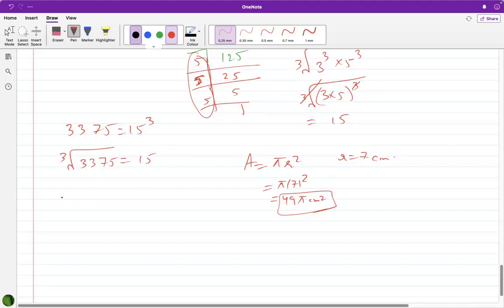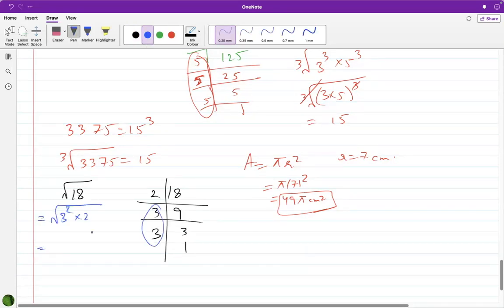So when they ask you to write square root 18, we know that 18 is not a perfect square. So 2 goes 9 times, 3 goes 3 times, 3 goes 1 time. So that is 3 times square root 2. Now 3 can get that freedom. How? This is how.